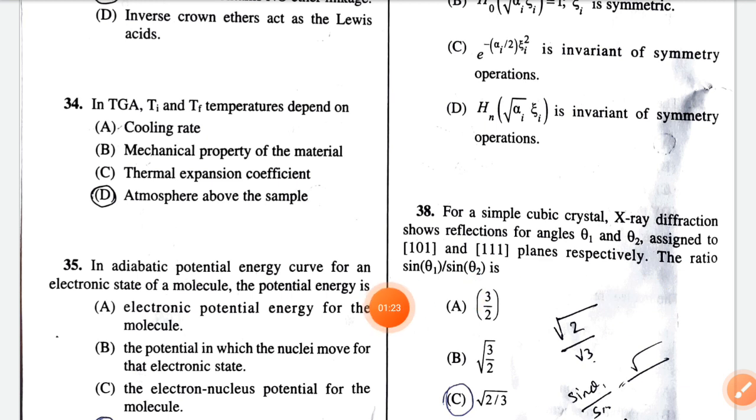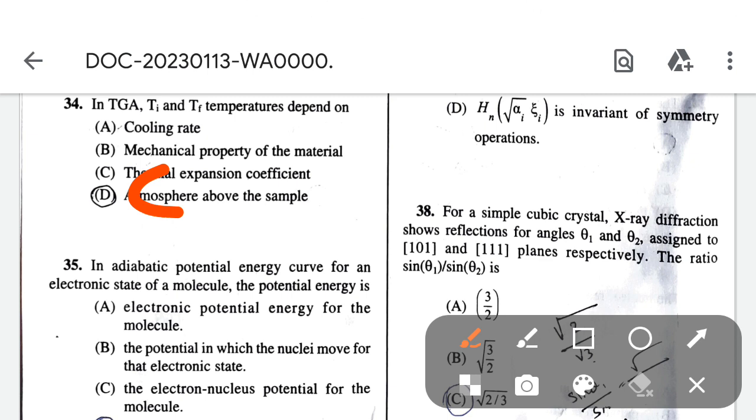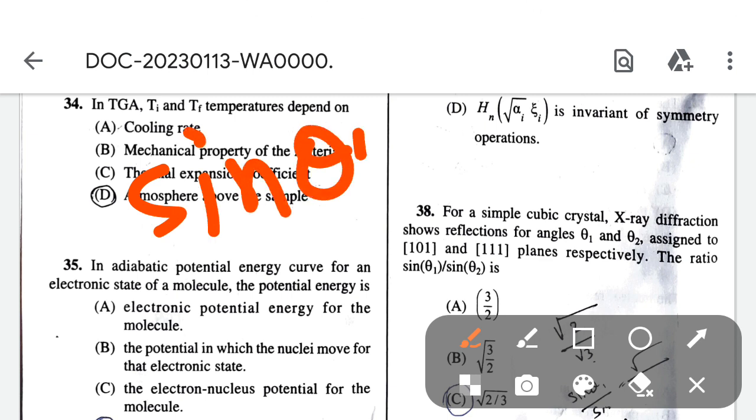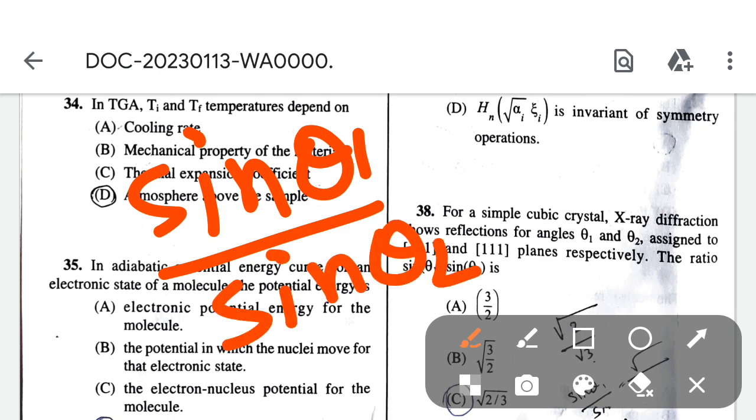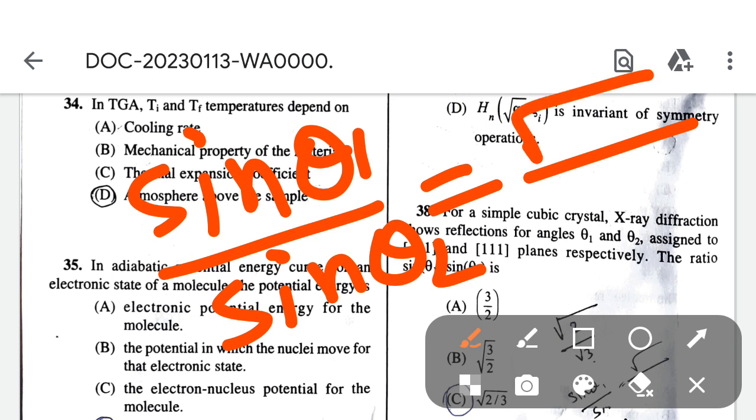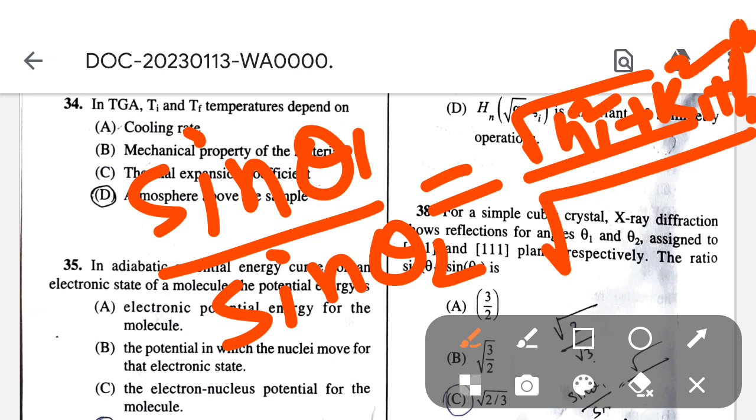The ratio of sin theta 1 by sin theta 2 is... Here the formula is sin theta 1 by sin theta 2 is equal to root over (h1 square plus k1 square plus l1 square) all over (h2 square plus l2 square plus k2 square).